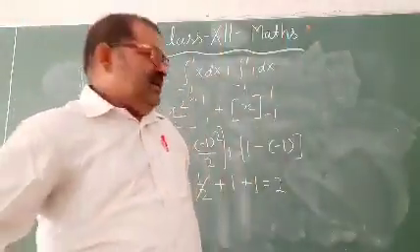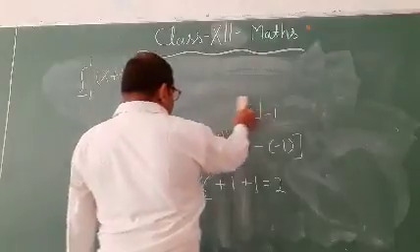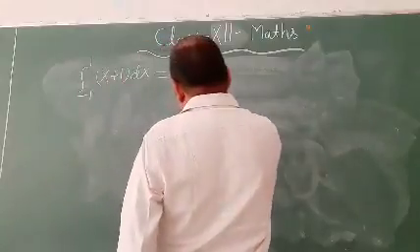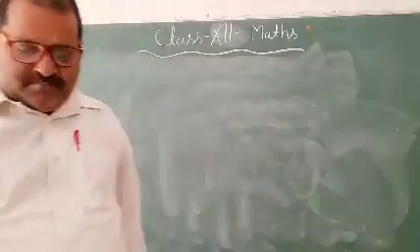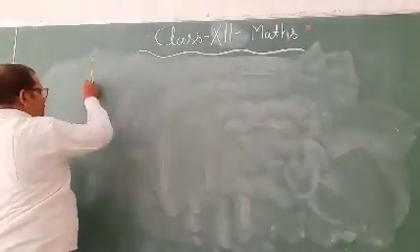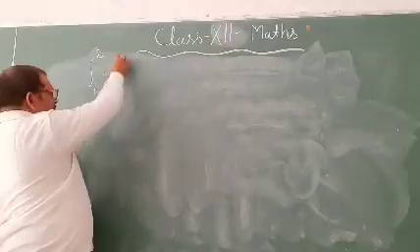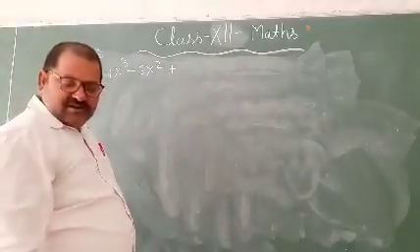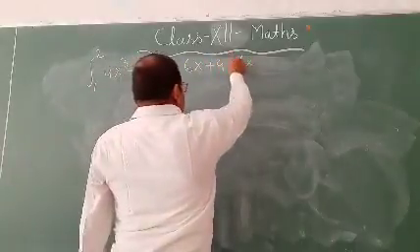Now next, the integral from 1 to 2 of (4x cube minus 5x square plus 6x plus 9) dx.